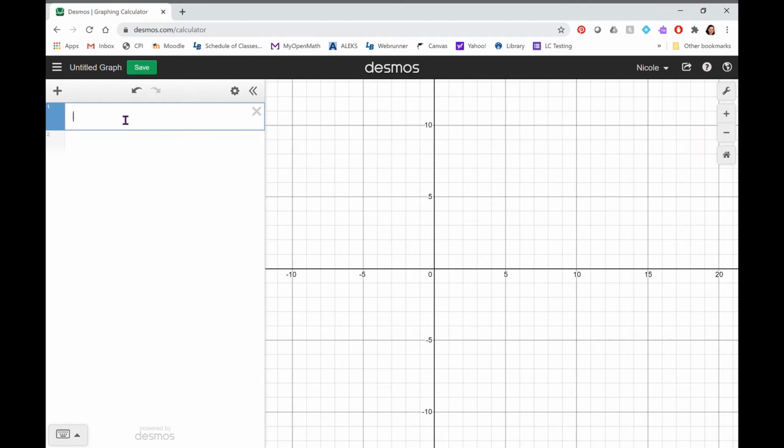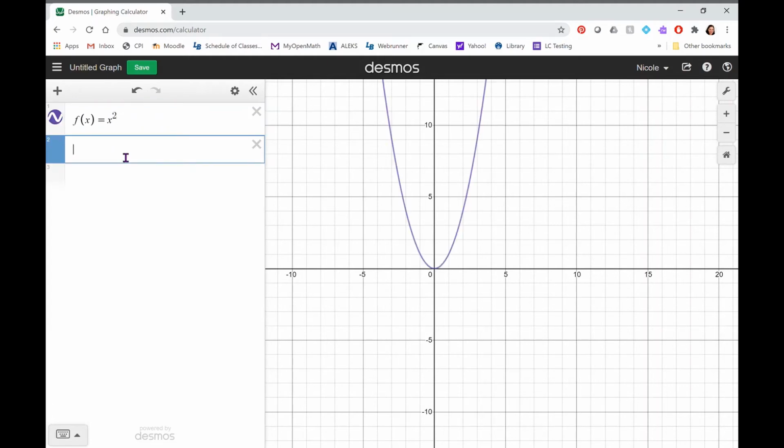All right, let's go ahead and graph f of x equals x squared. To do the exponent, I use the caret button above the 6, so I hit x, shift 6, and that got me up there, and then squared. And let's compare that to (x plus 2) squared.